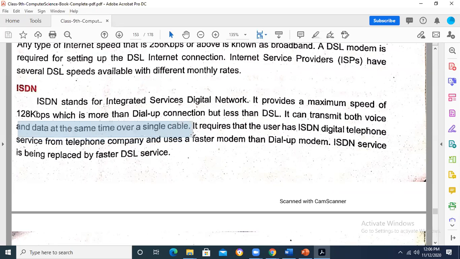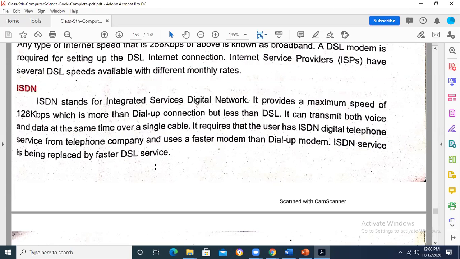It was the capacity of the ISDN that it was supporting not only the data to be transmitted but also the voice at the same time. It means you were able to make a telephone call at the same time you were able to use that line for data transmission, for computer communication. Understood?